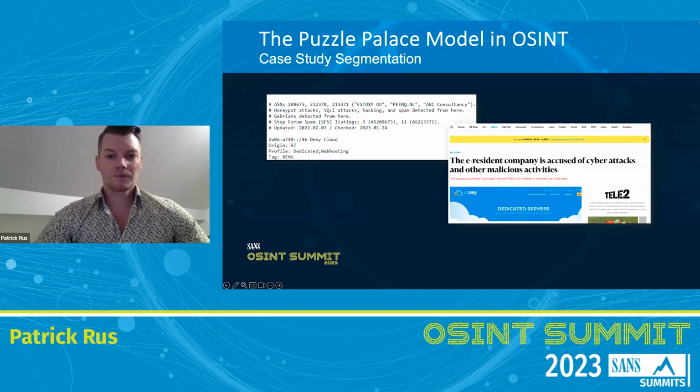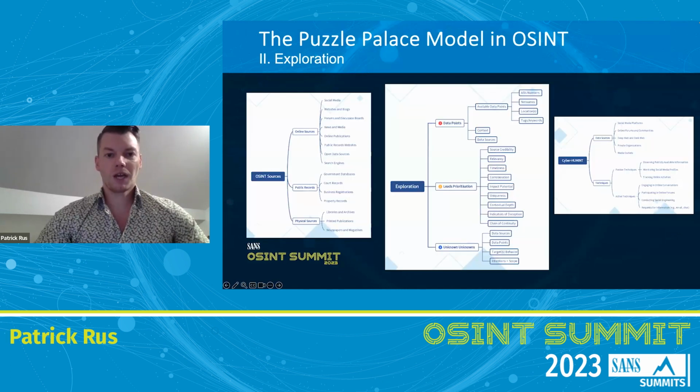Moving next, I will explain the exploration phase of the Puzzle Palace model. The structure of the exploration that I use for this presentation is based on three main areas. First, I have data points, for example, available data points, context, and data sources.